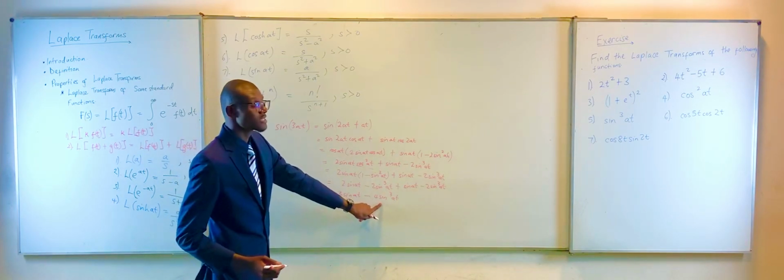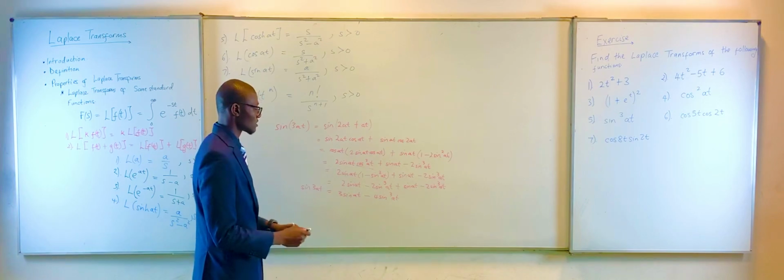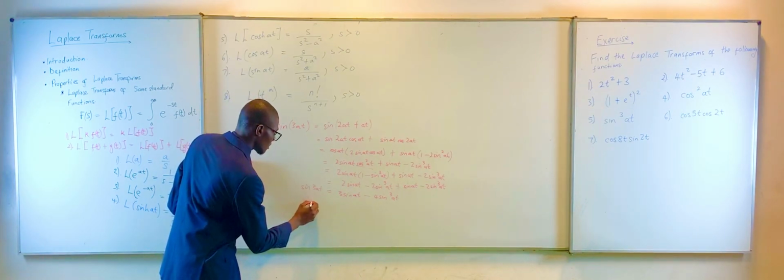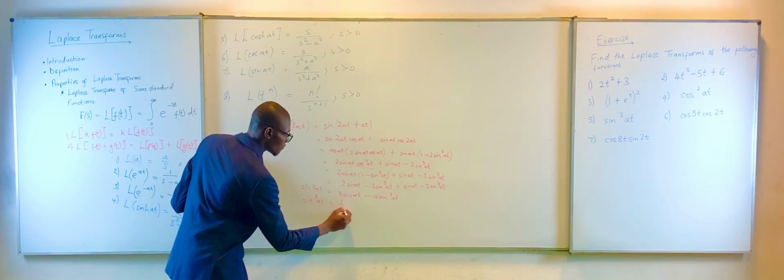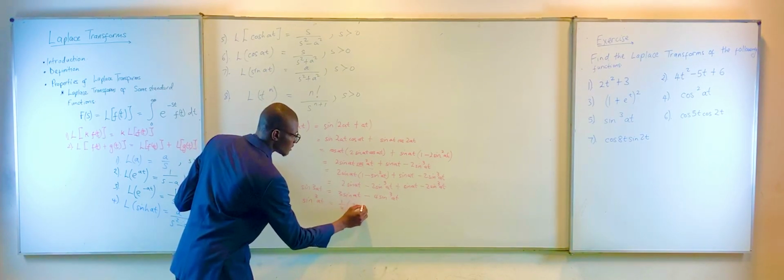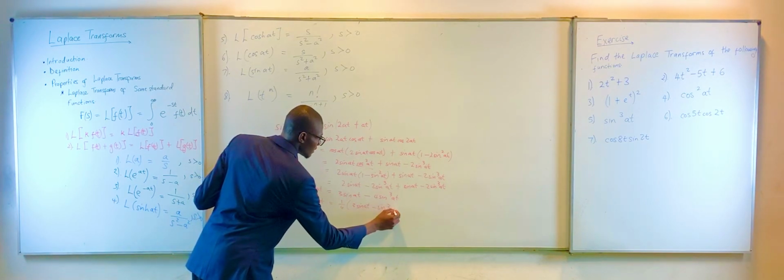So if we make sine cubed at subject of the formula, we're taking this aside and this aside. So sine cubed at would be 1 over 4 of 3 sine at minus sine 3at.